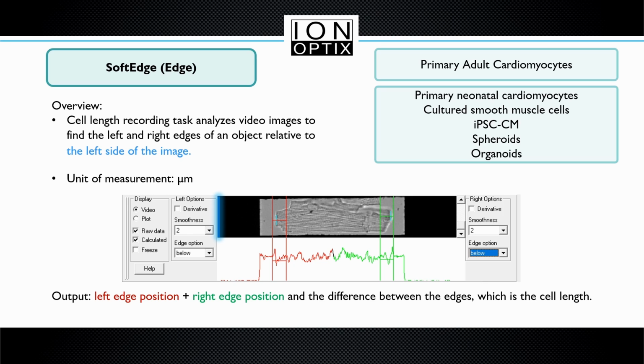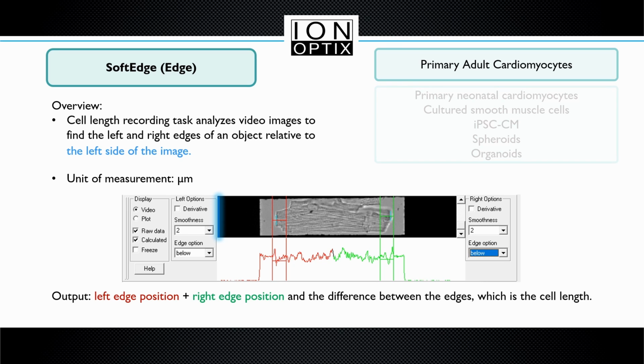It then quantifies the displacement of the object in micrometers. The Edge module can be applied to various cell types. In this section, we will illustrate its functionality using primary adult cardiomyocytes as an example.